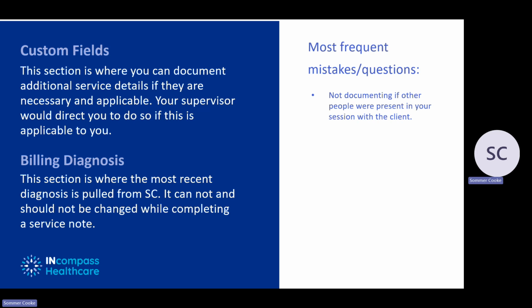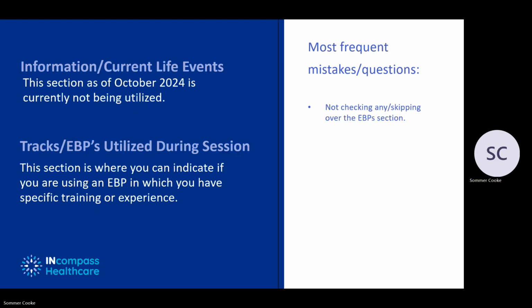The next section is the billing diagnosis. This section is pulled from another part of SmartCare, and it shouldn't be changed while completing a service note. The next section is the information or current life events. As of October 2024, this section is not currently being utilized.